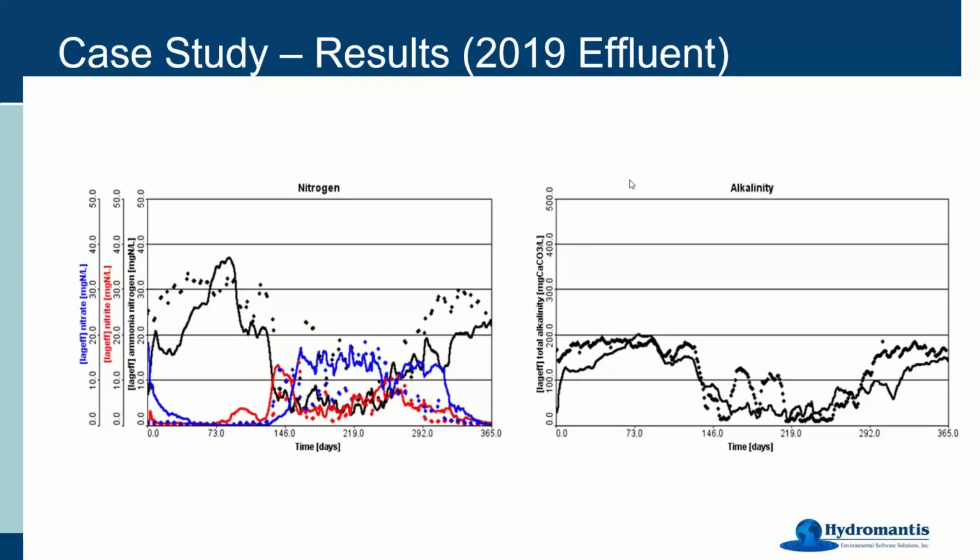We also did another validation run using 2019 data just to see how well the predictions fit the data. And it turned out to be quite good. Although the ammonia concentrations were underpredicted in some periods of time, the model successfully predicted the spikes in the nitrite and nitrate. The alkalinity data actually matched pretty well compared to the 2018 simulation results.